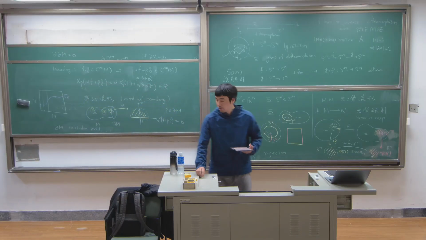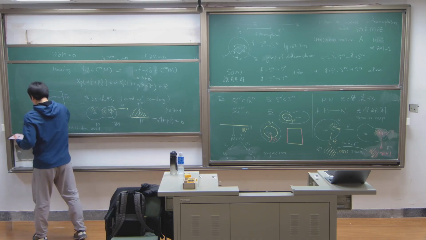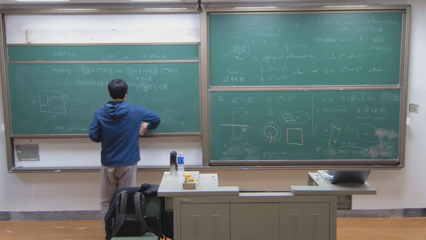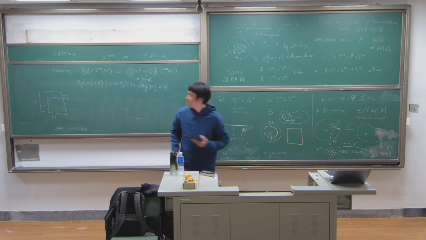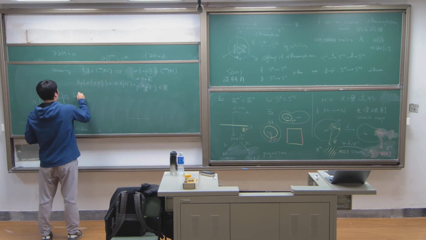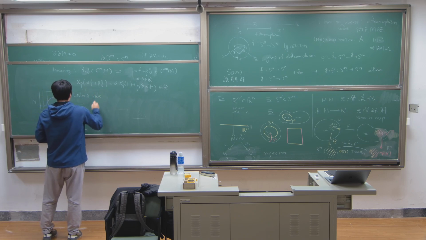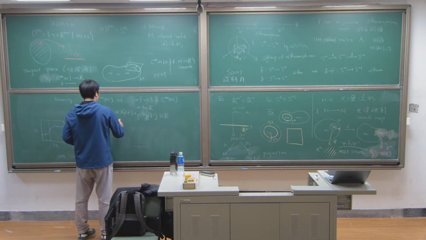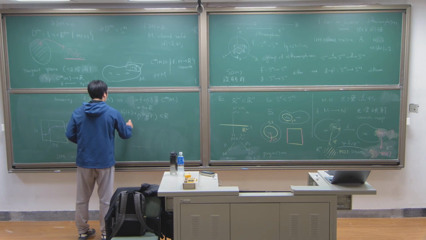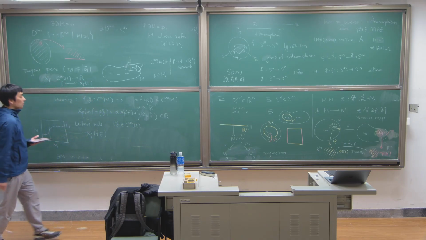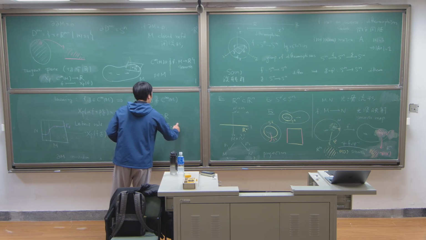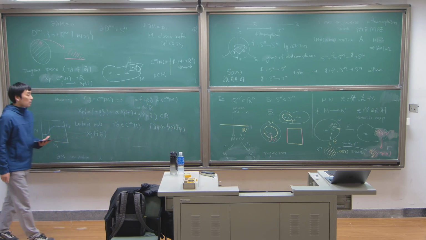And then also here you have the Leibniz rule. fg is also in C infinity of M, where fg of p is just f of p times g of p.